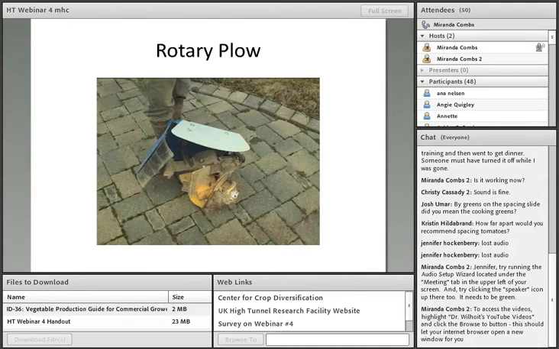But one thing about it, it only does a narrow 8 to 10 inches, and so it's pretty tough to work a very big plot of ground just using this Rotary Plow. But what it does do is it throws the soil to one side, so it's very good for raising a bed, and it's used for that a lot.